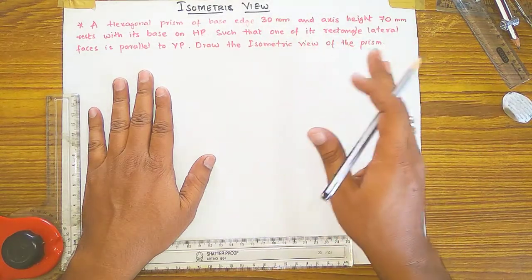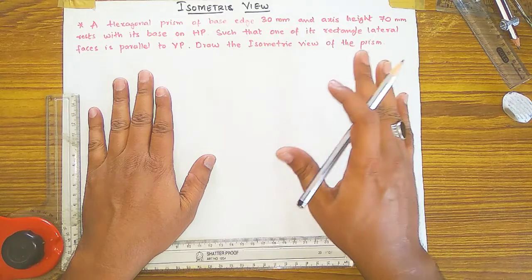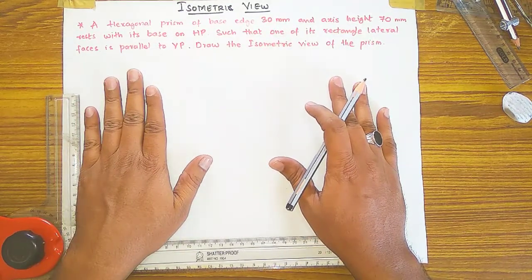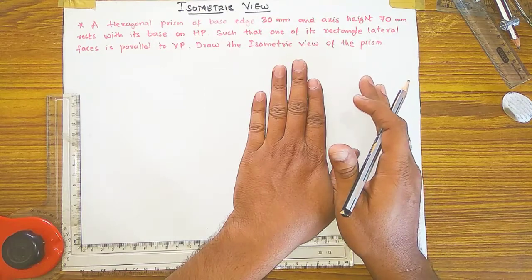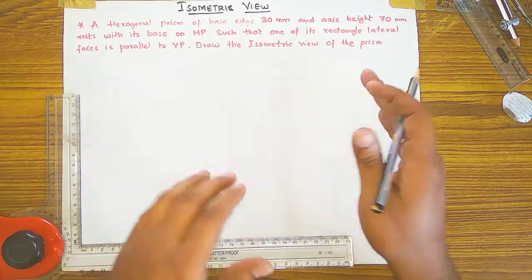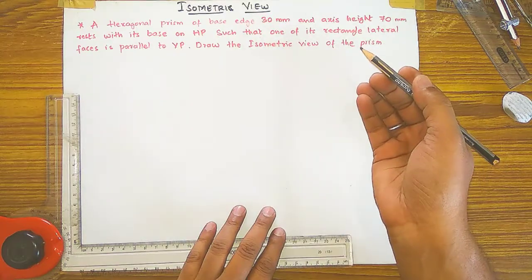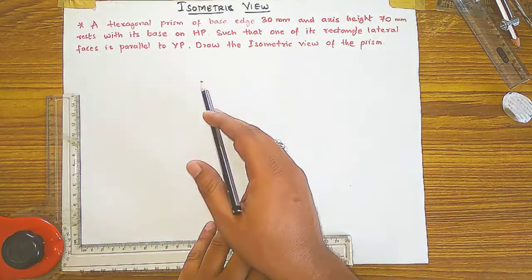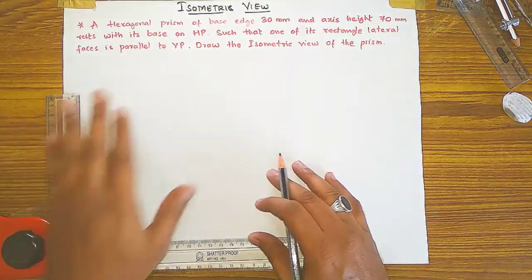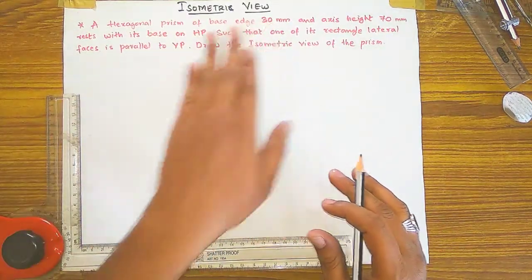Isometric projection you have to draw with the isometric scale. Each orthographic view and isometric view you have to draw with isometric scale dimensions. So first you draw the isometric scale, then after the orthographic and isometric views. And for this problem, you have to draw only with the dimensions given in the question.